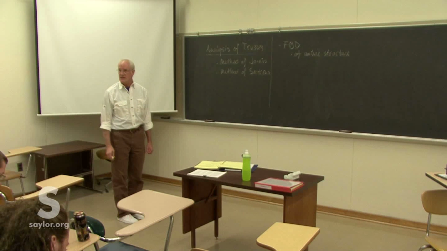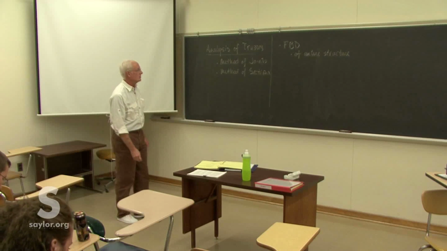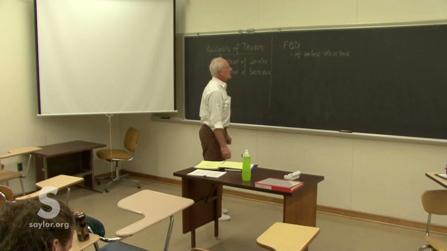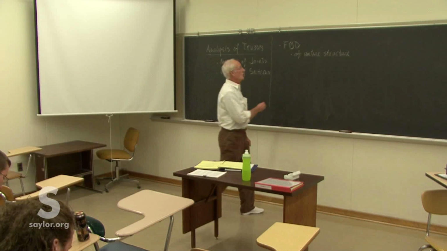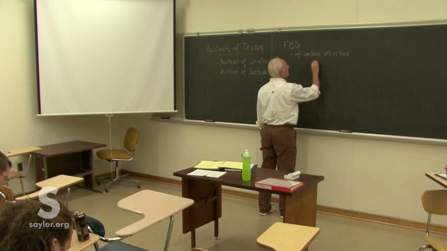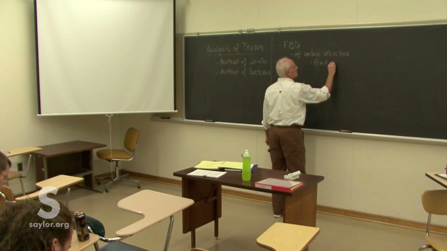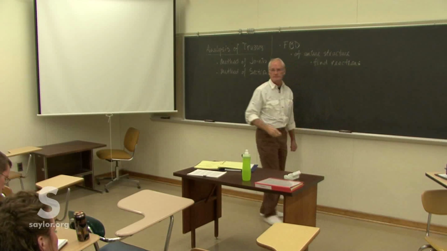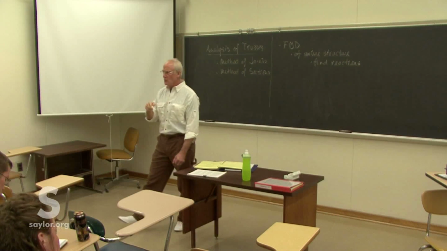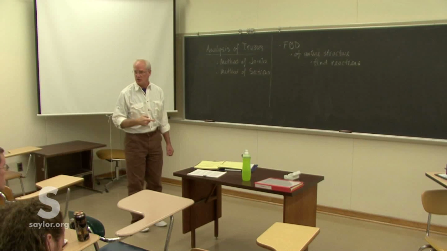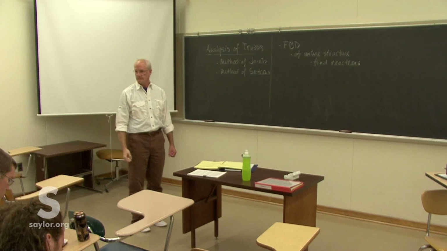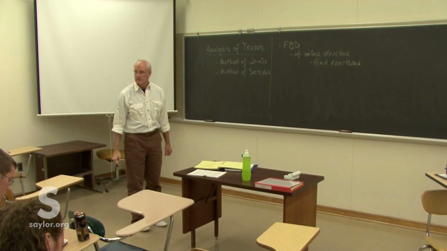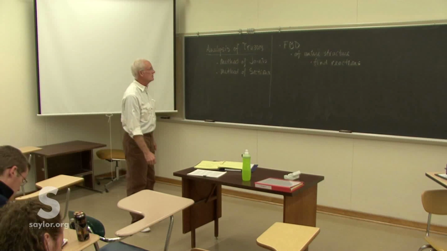You don't need to make this step to get the things that aren't given, usually, no problem. Free body diagram of the entire structure. What this is going to do for us is it will find the reaction forces. Remember, those are the forces that support the structure to keep it from accelerating, doing whatever it's not supposed to do in this class.